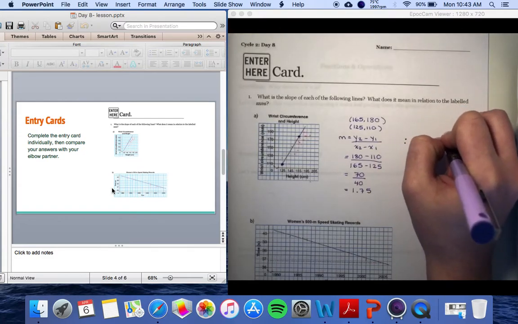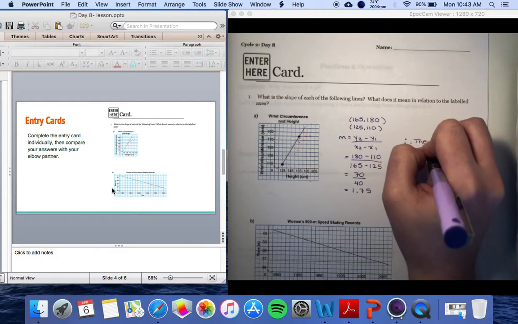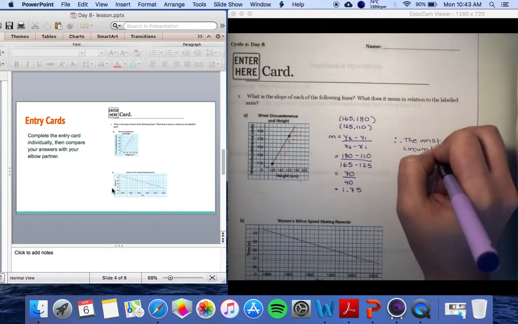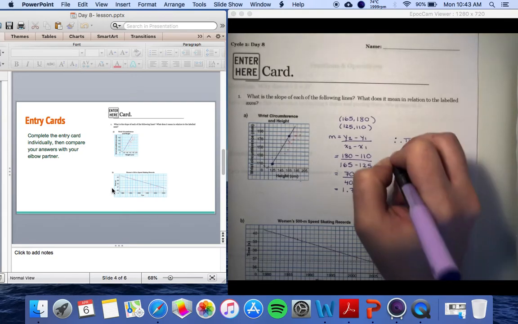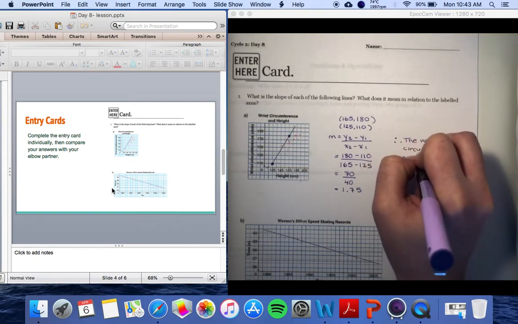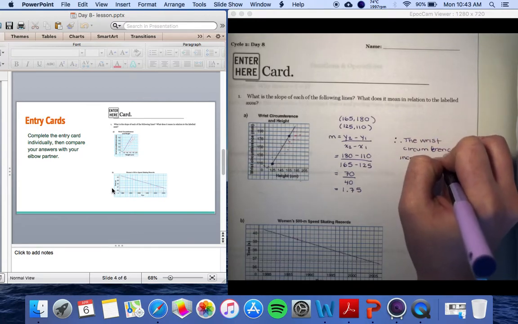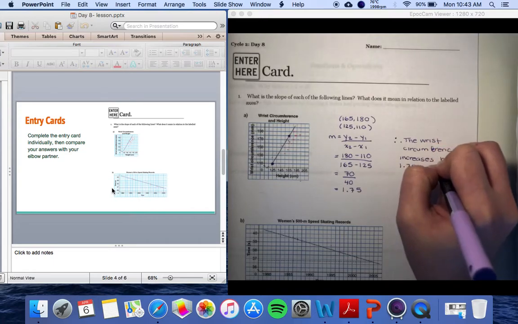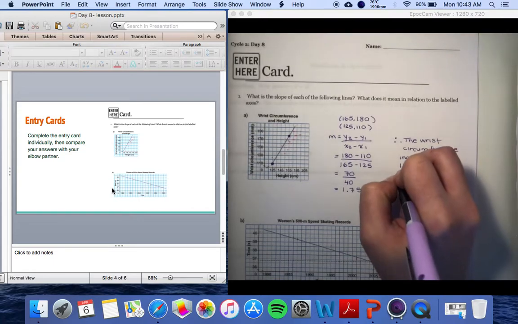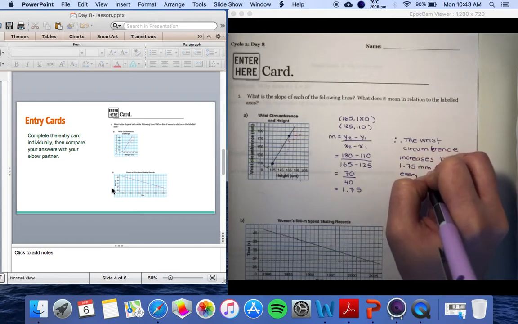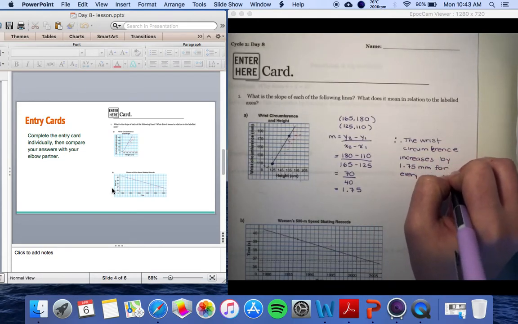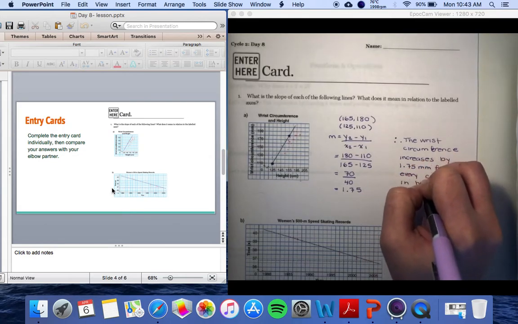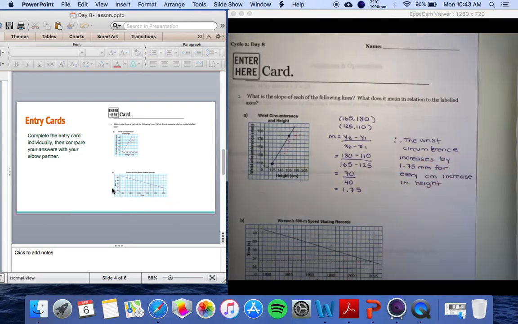therefore, the wrist circumference, oops, I missed an E there, circumference increases by 1.75 millimeters for every centimeter increase in height.